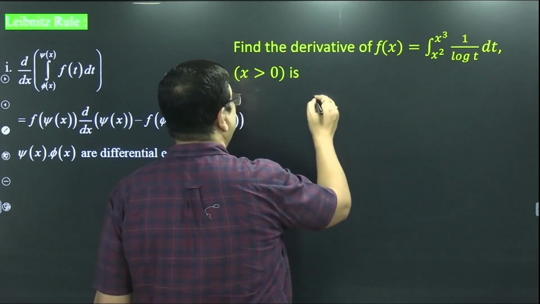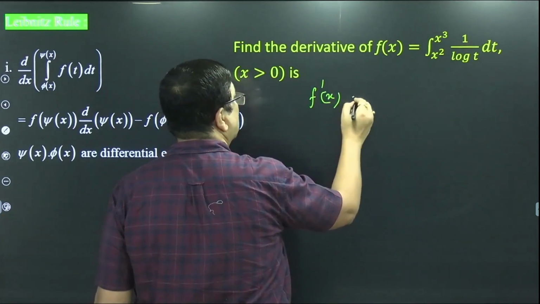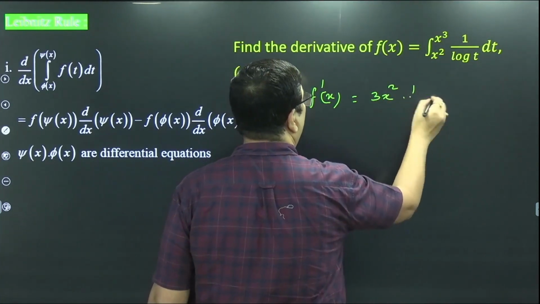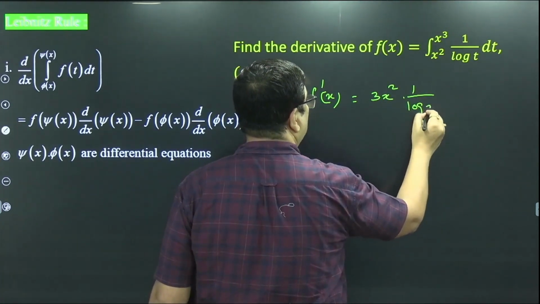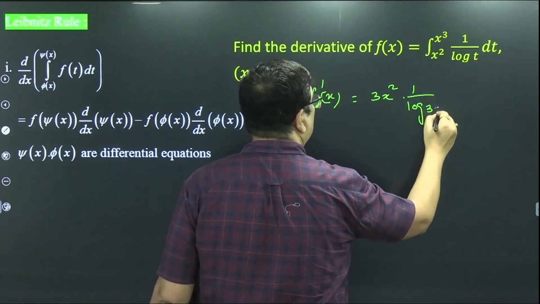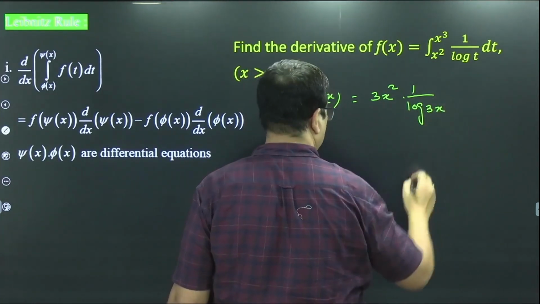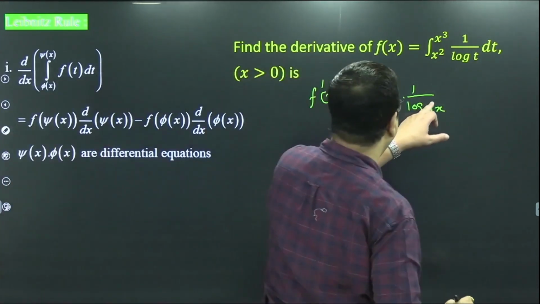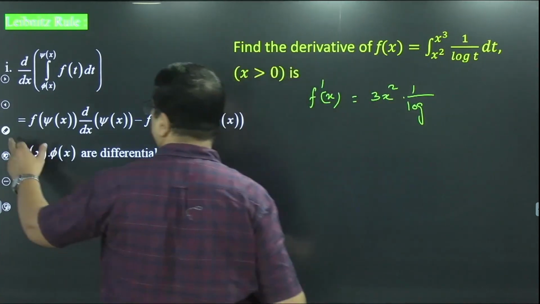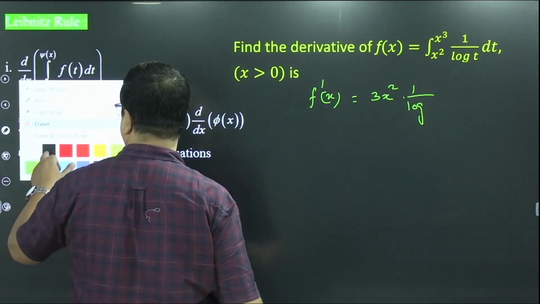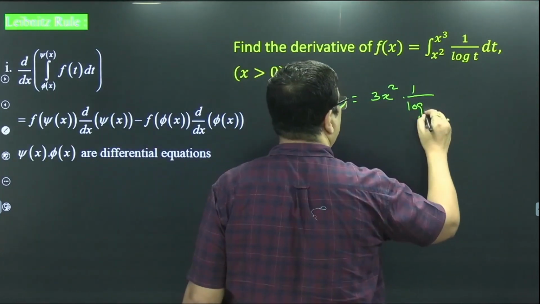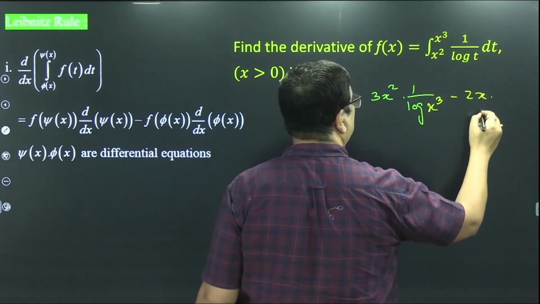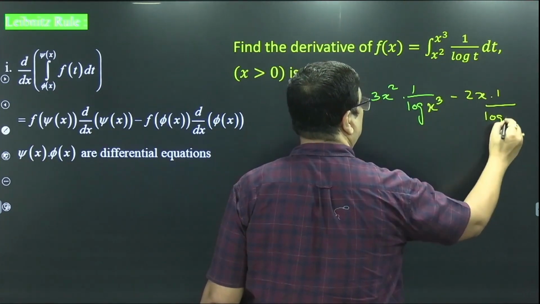So we have to do the derivative. We can write this as f dash x. We write the derivative of the upper limit, 3x square, into the function of upper limit, 1 by log of x cube. Minus the derivative of the lower limit 2x into the function of lower limit 1 by log of x square.